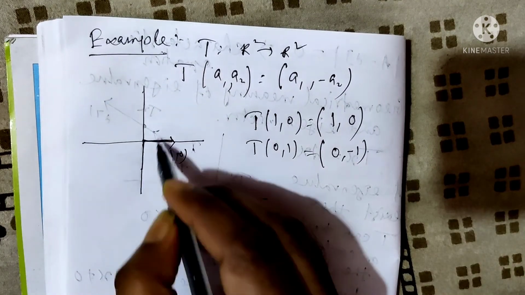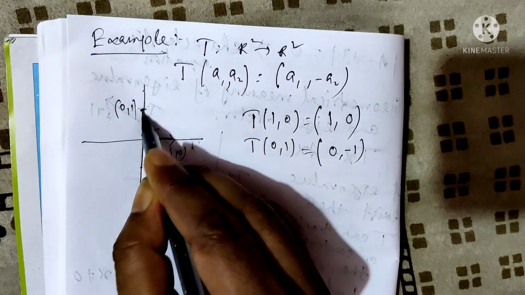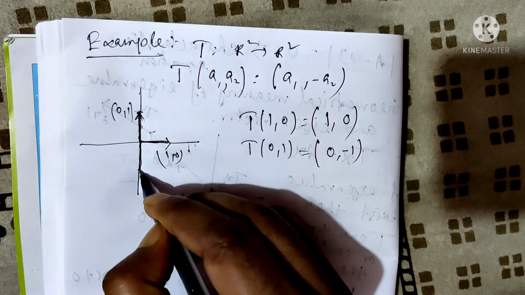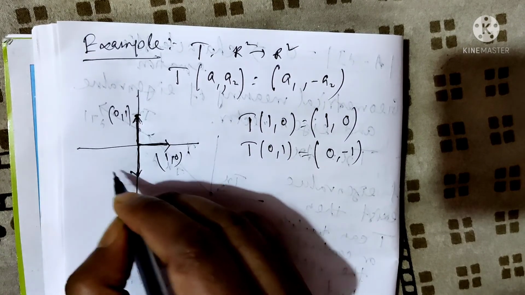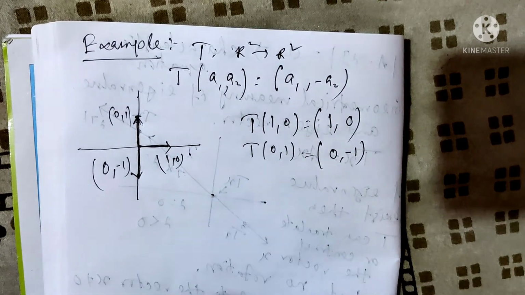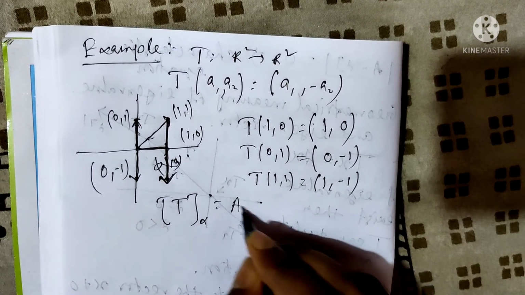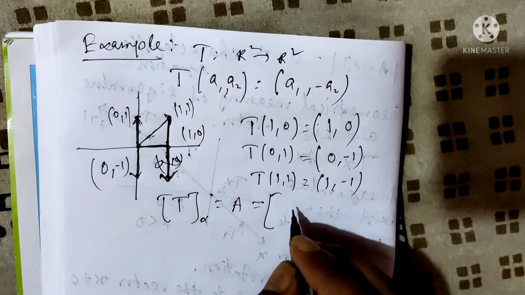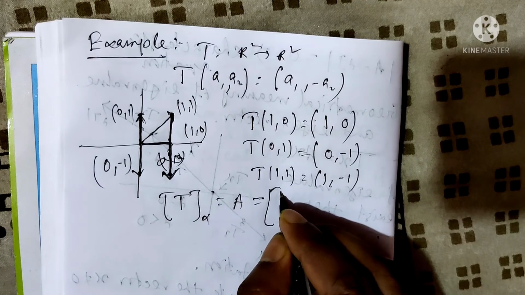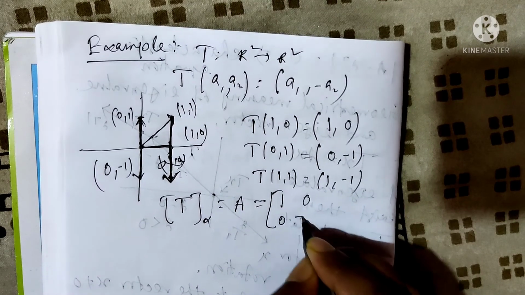So this vector 0 comma 1 only goes to 0 comma minus 1. So it only translates this vector. The matrix of T with basis alpha is A, equal to 1 0 0 minus 1.